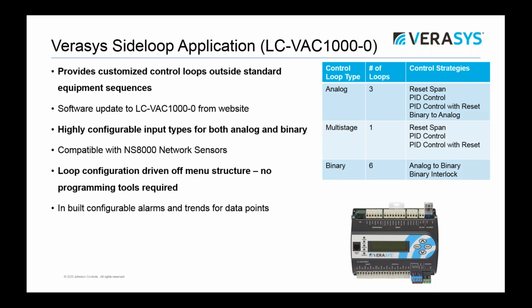So it's very powerful, and it helps us with small or mid-sized buildings to do, we'll call it, some more complex building control. And again, built-in configurable alarms and trends are all part of it too. It's all very simple.